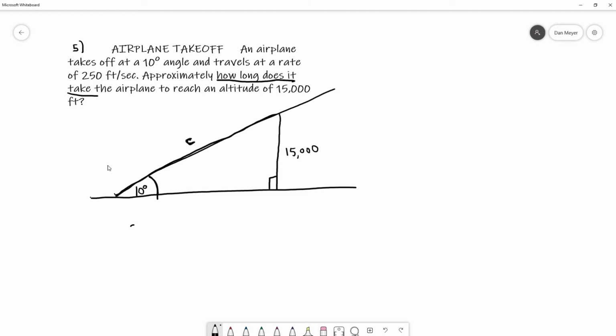Here it's opposite over hypotenuse. Sine of 10 degrees is 15,000 over C. So C should be 15,000 divided by sine of 10 degrees.